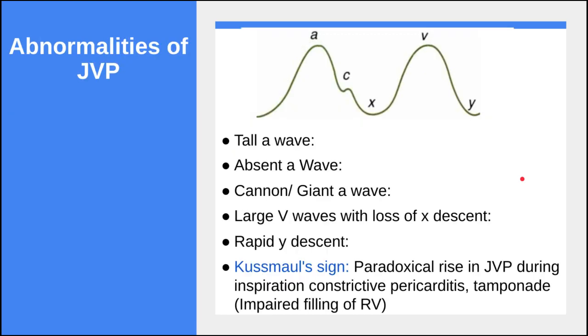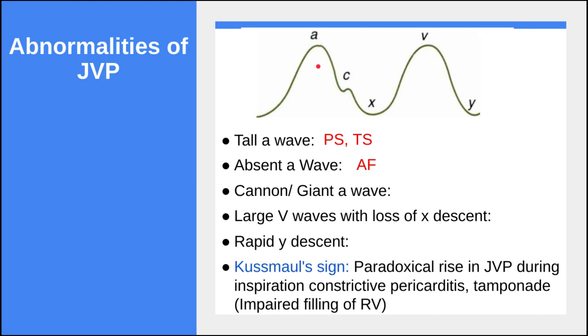Now abnormalities of JVP. Tall A wave can be seen in pulmonary stenosis and tricuspid stenosis due to atrial hypertrophy and forceful contraction of the atria. Then absent A wave can be seen in atrial fibrillation.